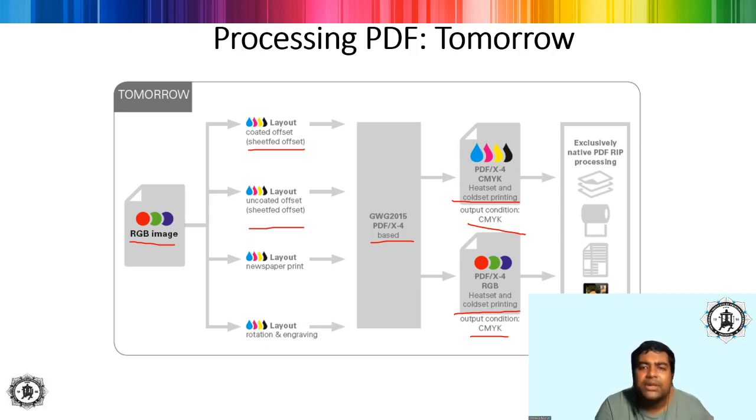But there's a combination of CMYK and RGB. If you really wanted to make a PDF exclusively with all elements, text, vector, image, everything, with ICC based RGB or device RGB color spaces embedded, you can't do that now.